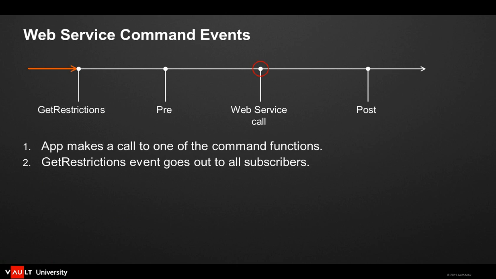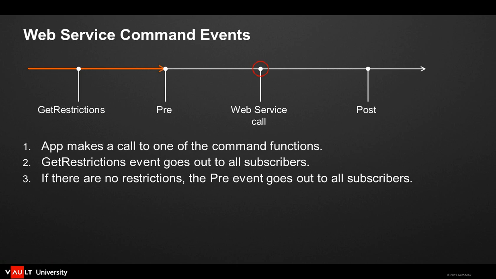So anybody who's subscribed, they'll get a notification and they'll get a chance to block it. If nobody's blocking it, it's going to go to the pre. And again, anybody who is subscribed to the pre-event for add file will get a notification and they can do whatever work they want to do.